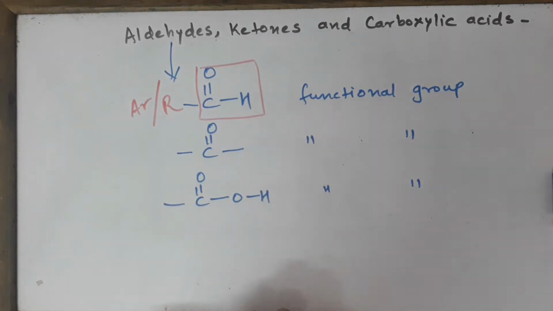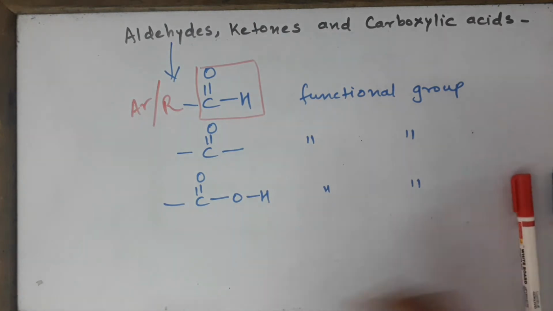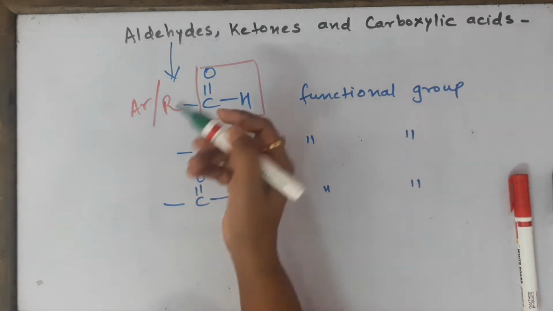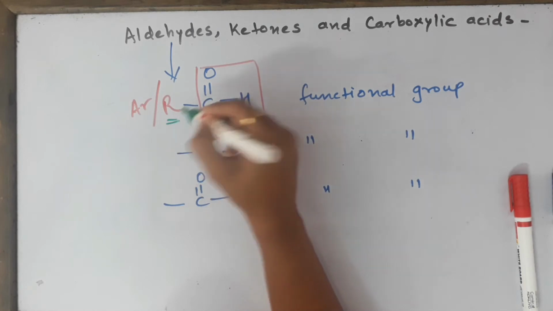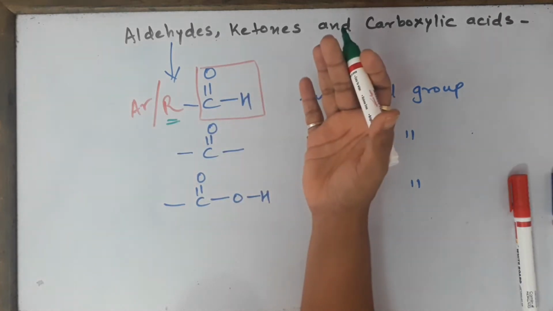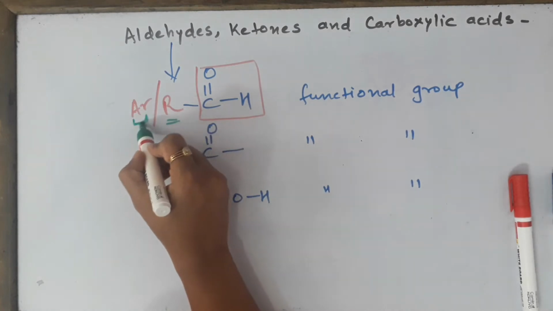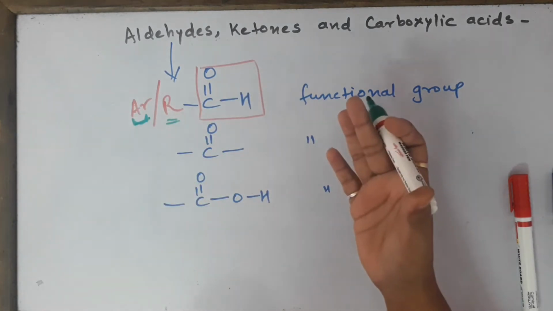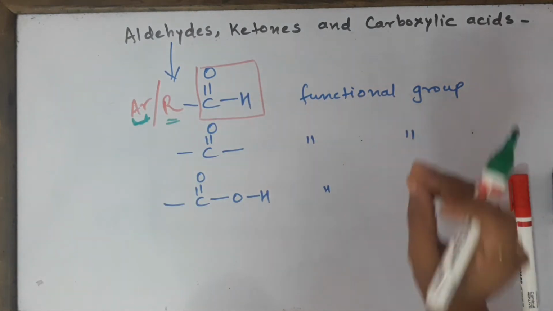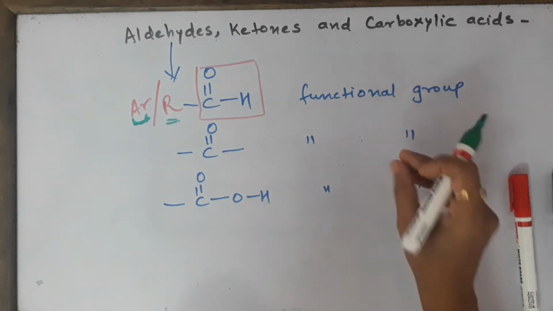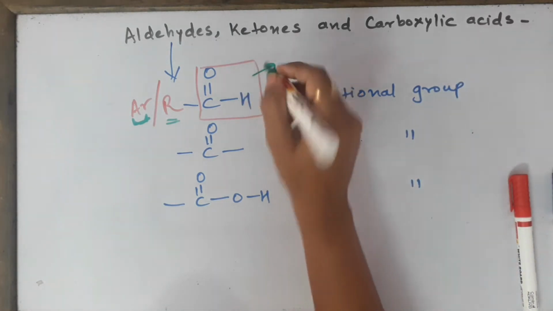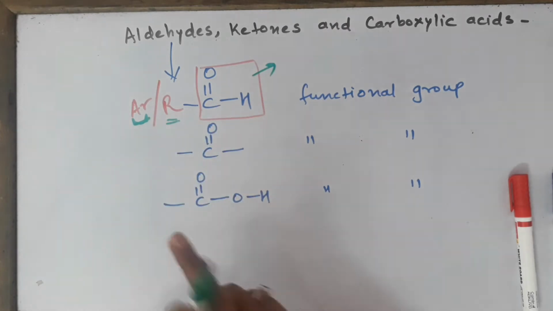When I say aryl group, it means it can be benzene or any of its derivatives. Now when we attach an alkyl group, that becomes an aliphatic aldehyde. But when we attach a benzene ring or any derivative of benzene, then that becomes the aromatic aldehyde. Whatever the compound is, the main thing is that the functional group is going to be CHO.